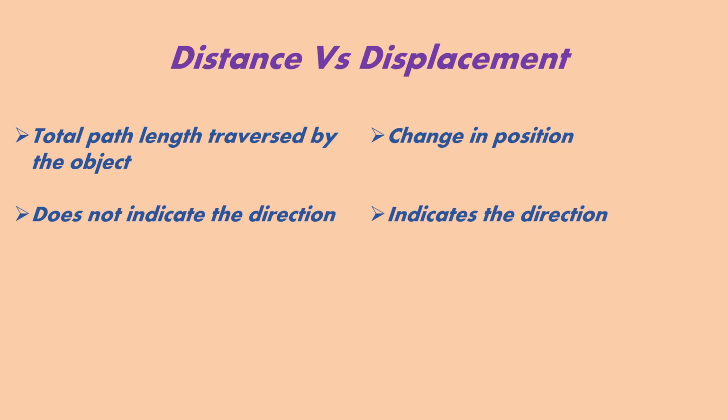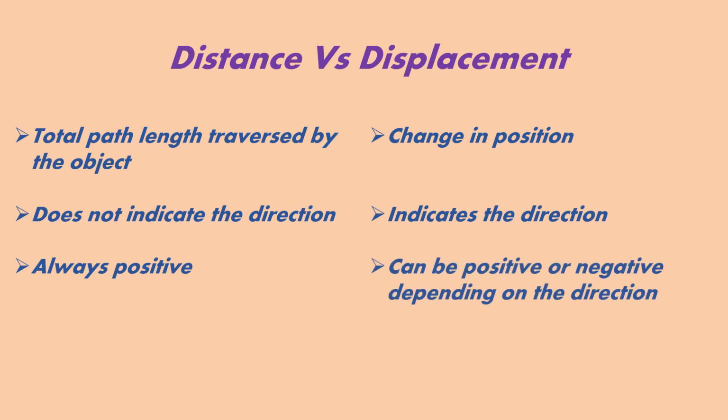Displacement indicates the direction from the perspective of the initial position, whether the final position is in the forward or backward direction with respect to the initial position. That's what it indicates. Distance is always a positive quantity, whereas displacement can be positive or negative depending on the direction.